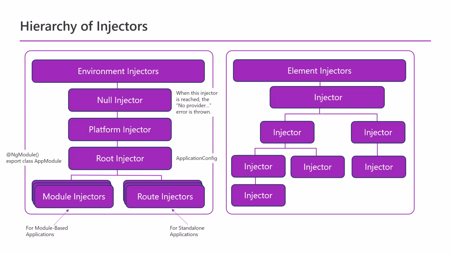Depending upon the location of a consumer, when a consumer requests a resource, by having that resource in its constructor, the entire hierarchy of injectors will be traversed until the registered resource is found. And if no registered resource is found, then the null injector is reached, and that's when we see that no provider for error in our console.